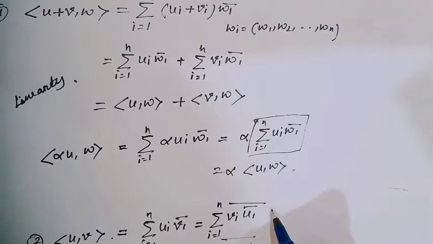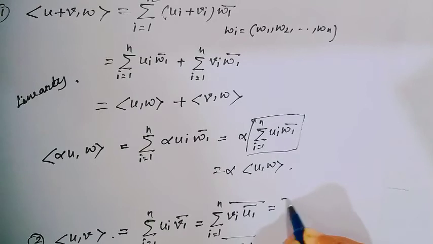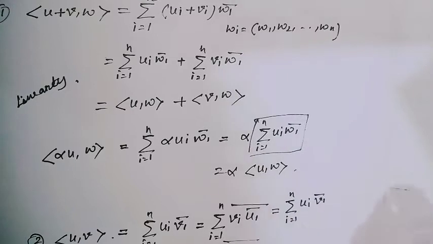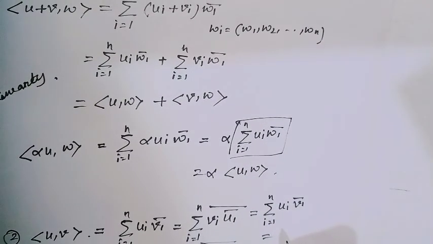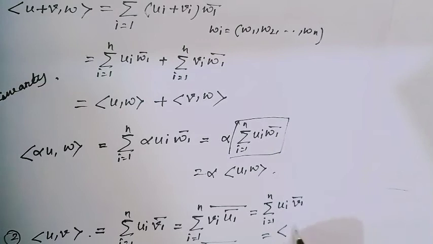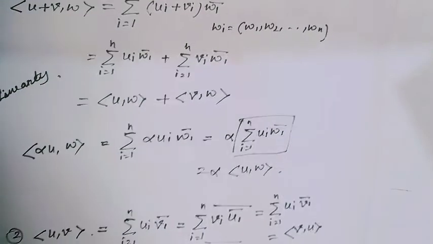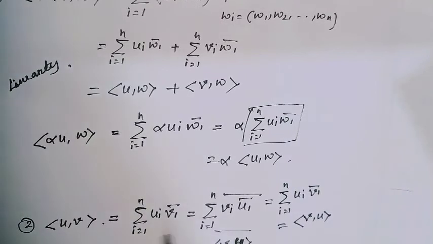This is actually equal to summation i equal to 1 to n of ui vi bar. That means this is similar to the inner product of v, u. Are you getting? Therefore, the condition of symmetry has been satisfied here.